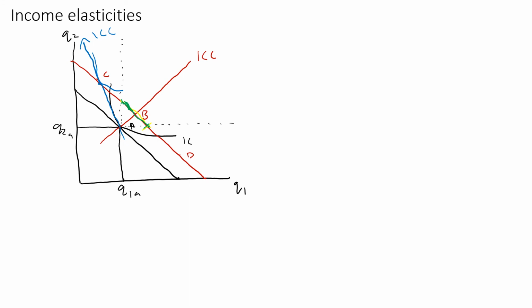In this situation, at point C, you can notice that after an increase in income, we have increased the consumption of Q2. But we have decreased the consumption of Q1. The consumption of Q1 has declined, whereas the consumption of Q2 has increased. It means that an increase in income does not result in an increase in the consumption of Q1. So in this situation, Q1 is an inferior good.